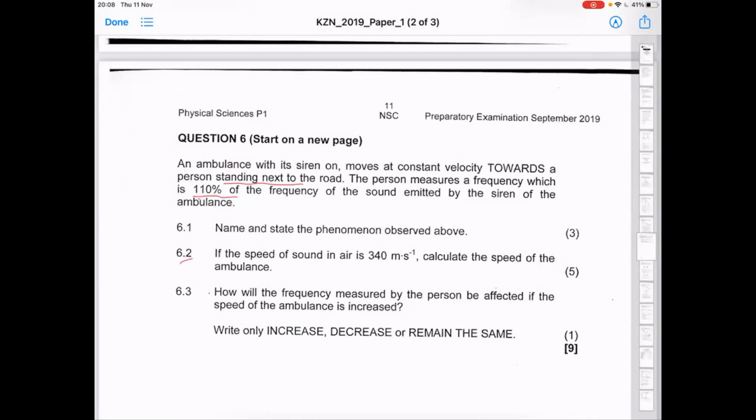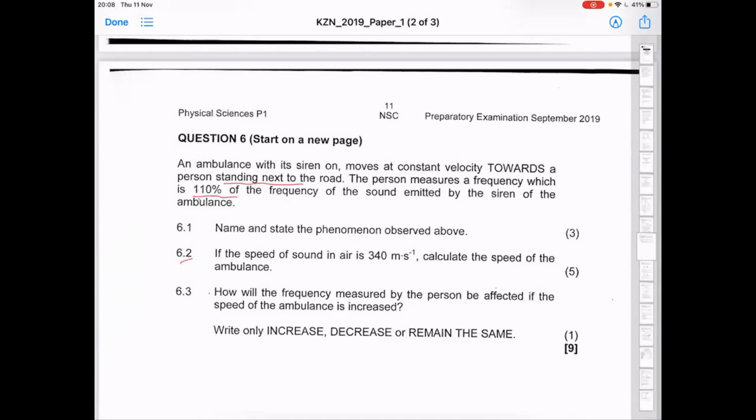In this case, you have a person standing next to the road, so the observer is stationary, and the ambulance, which has a siren on, the source, is coming towards the person. If the source is approaching the listener, the frequency is going to be higher than the frequency of the source.